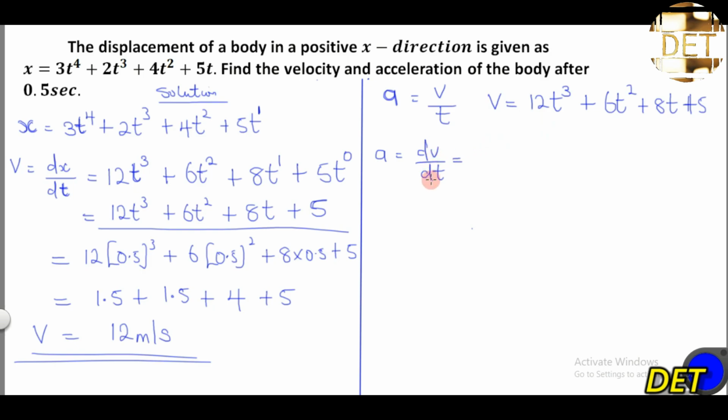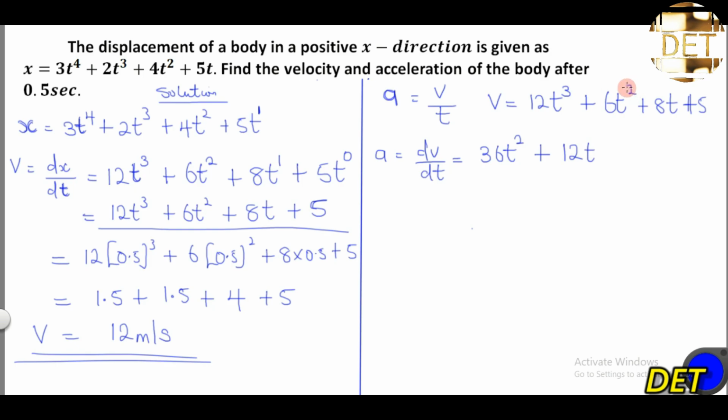So dv over dt, my change in v over t, will be 3 times 12t. 3 times 12t will give me what? 36t. And then I will subtract 1 from the power. 3 minus 1 will give me what? 2. So that will be 36t raised to the power of 2 plus 2 times 6t. 2 times 6 will give me what? 12t, right?